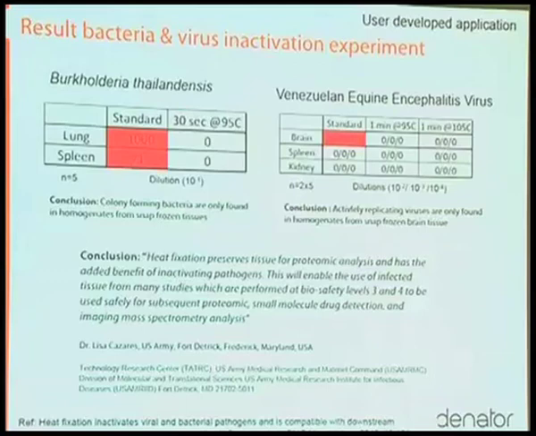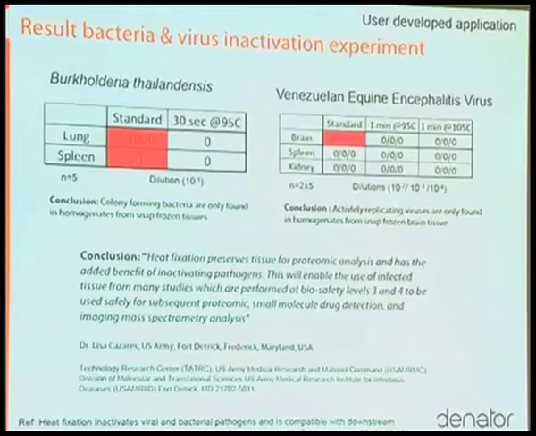However, after heat stabilization, she's not able to detect any live bacteria. She's now expanding this to see which different types of bacteria and viruses this can be useful for. I generally see this as a way to reduce the unknown loads.